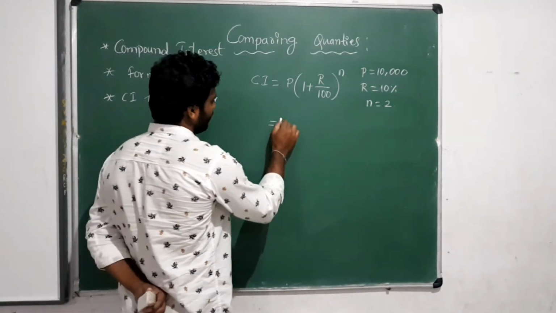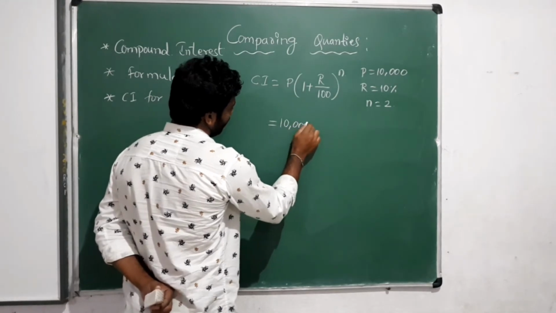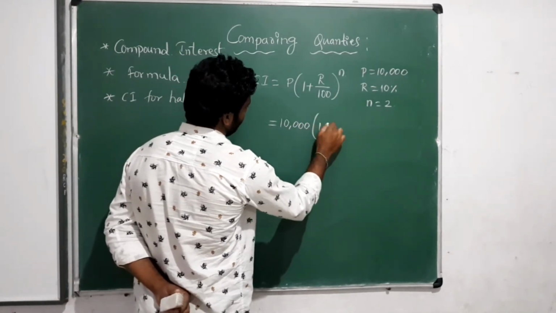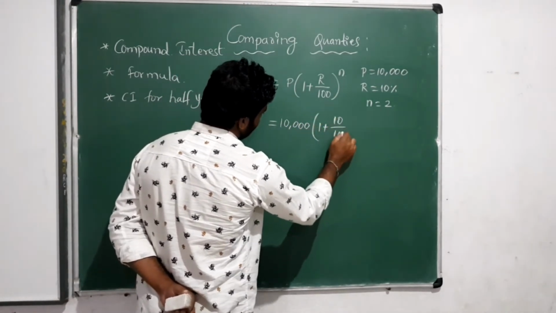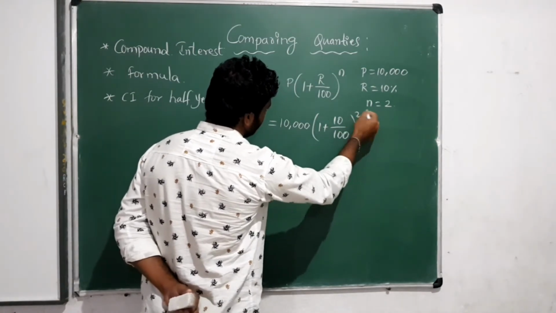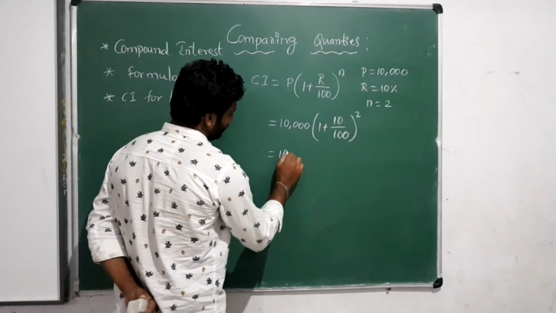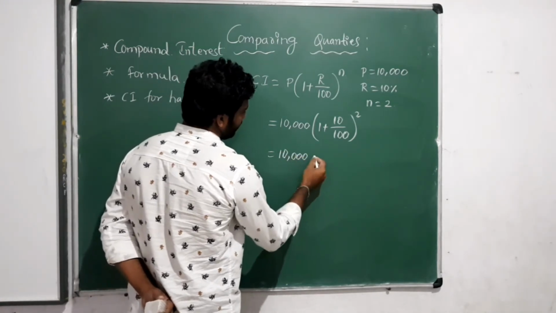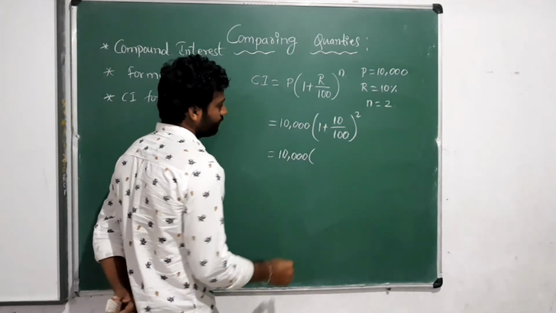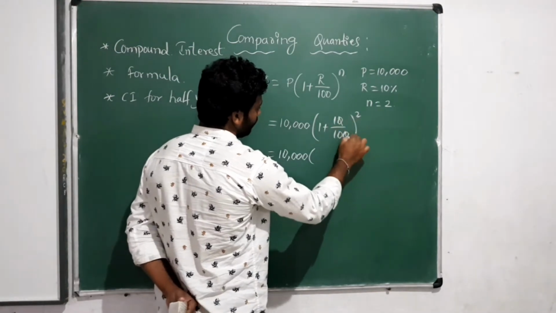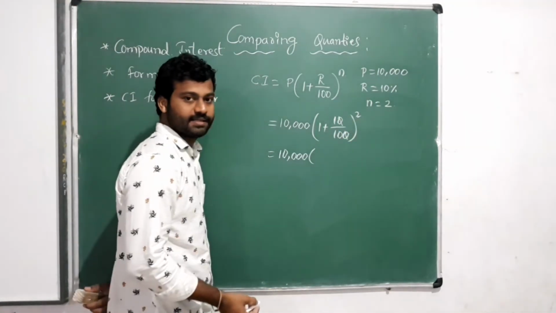So substitute it. Okay, what do you get? 10,000 into 1 plus 10 by 100 to the power 2. 10,000 into what is it? 1 0, 1 0, it cancels.